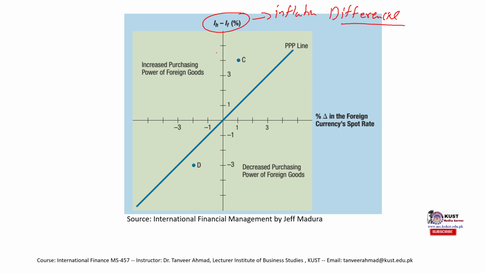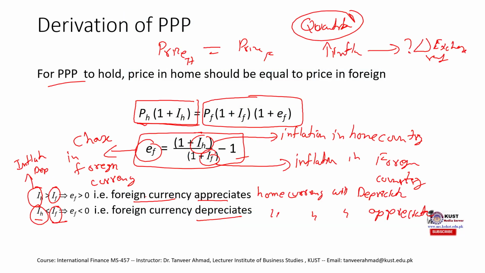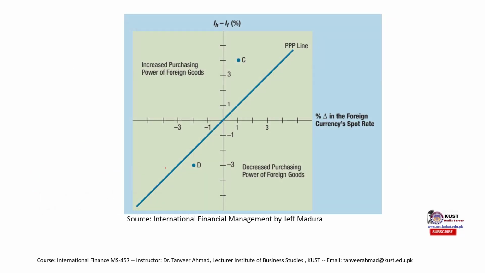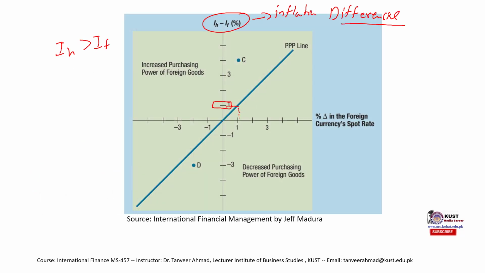So if, say, home country's inflation is 1% higher than foreign country, then what do you think would happen to the foreign currency? Would it appreciate or depreciate? So this is what I said. If inflation of home country is higher than inflation of foreign country, you can just go back to the previous slide and check that foreign currency would appreciate. So this is what this line suggests, that foreign currency would appreciate, but by how much percent?